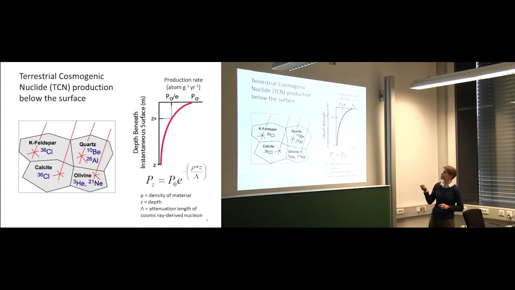This is just production rate versus depth below the surface, and this relationship is shown here. The production rate at any depth z is equal to the production rate at the surface multiplied by a negative exponential. The terms within here are the density of the material, the depth, divided by the attenuation length, which describes how quickly the cosmic ray is being absorbed with depth.